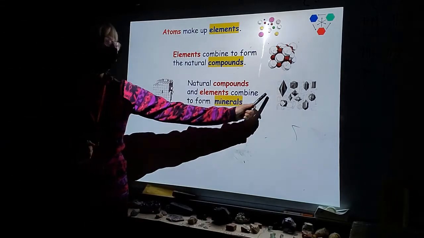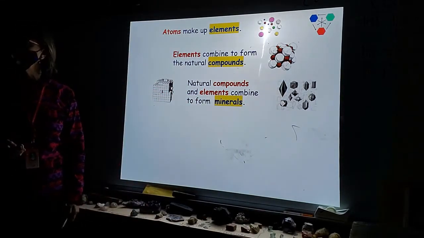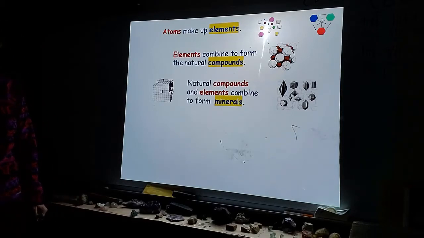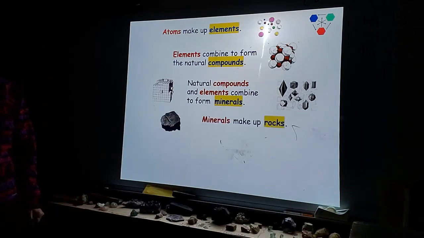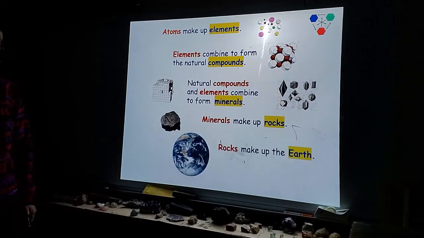And these are some of the crystal forms of the mineral forms. Remember, all minerals have a crystal shape. Those are some of them. Minerals make up rocks. So if I ask you what a rock is, you say a rock is made of mineral. Minerals make up rocks. And finally, rocks make up the earth.